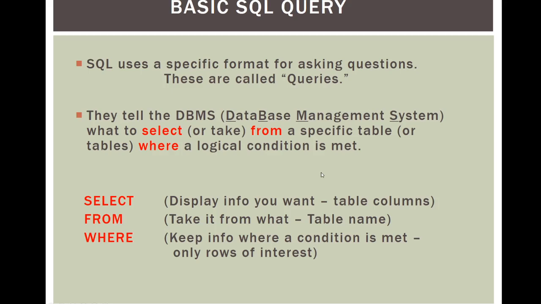The basic SQL query is a SELECT whatever it is that you're looking for, FROM a particular table, and then WHERE is where we set up our conditional information. This is where, if I know exactly what the author or the director's name is, I'll put it in there.